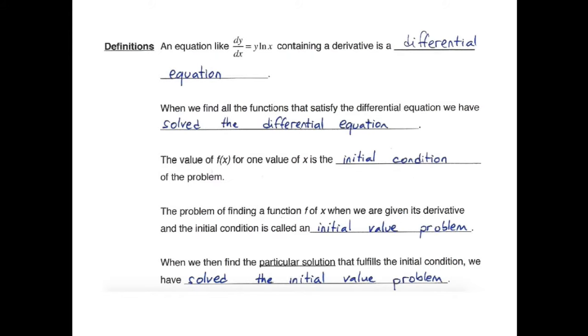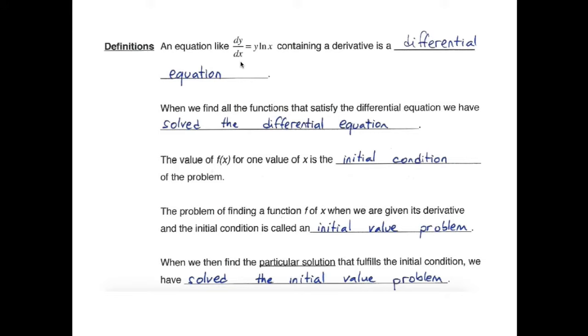So, quite a few definitions to start with. An equation like dy dx equals y ln of x containing a derivative is called a differential equation. So, a differential equation is any equation that has a function and its derivative.